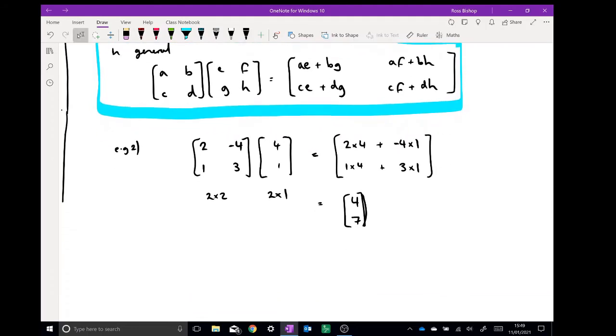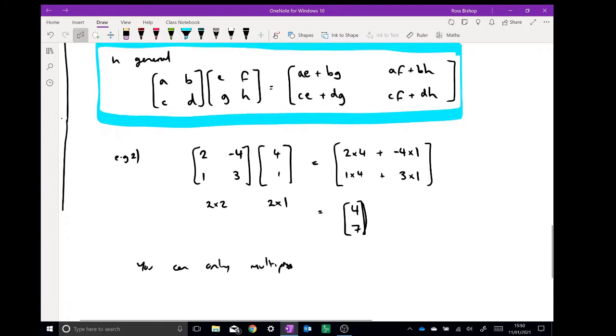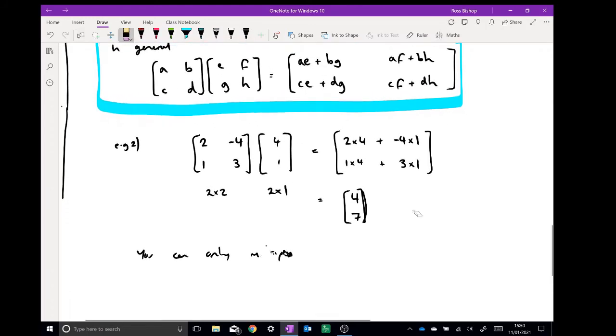Right, now you can only multiply matrices together if they have the right dimensions.